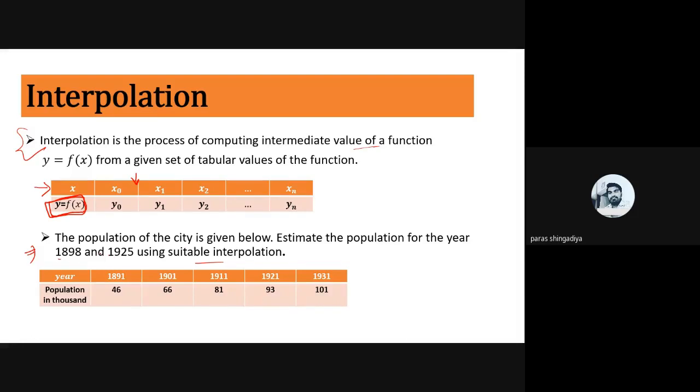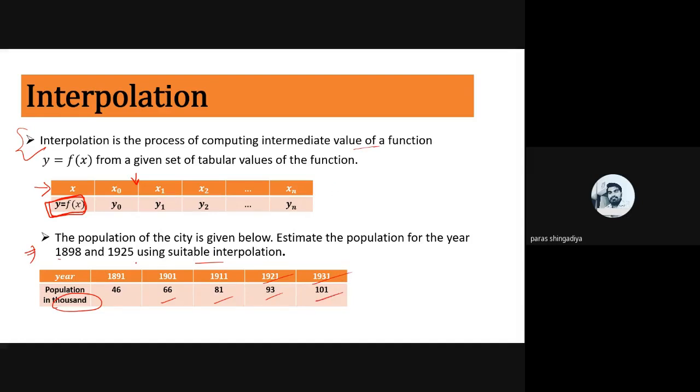The table gives that in 1891 the population was 46,000, where 46 means in thousands. Then in 1901 it is 66,000, in 1911 it was 81,000, in 1921 it was 93,000, and in 1931 it is 101,000.